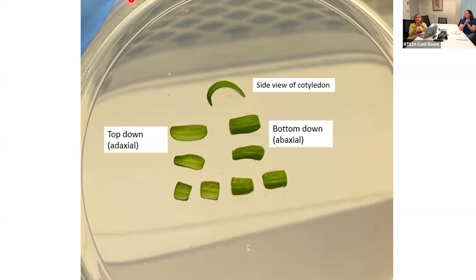Even though we give a guideline of 6 to 8 days, that's because for the genotypes we work with, that's before the first true leaves emerge. For your genotype it might be shorter or longer, but it's really important to take the cotyledons before those first true leaves start to emerge.